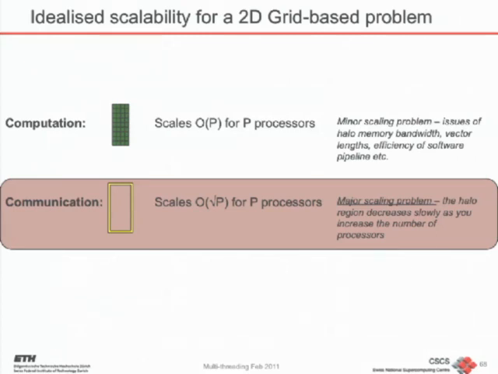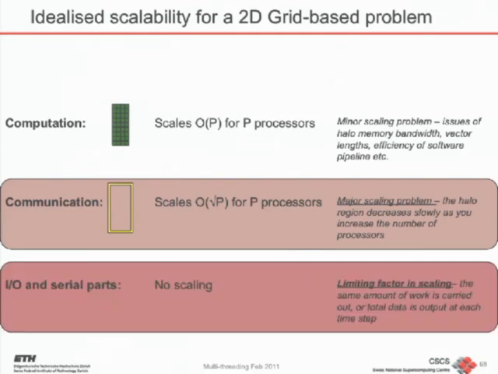And that's why we don't necessarily see the perfect scaling that we would otherwise see. Then the worst bit is the I/O and serial parts where there's no scaling. And I/O is typically quite serial once you've got above a certain number of processes, once you've saturated your I/O bandwidth for a particular problem.